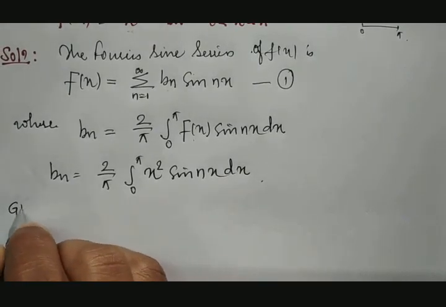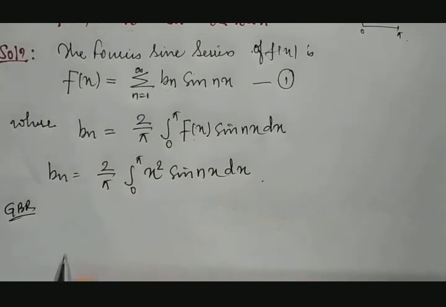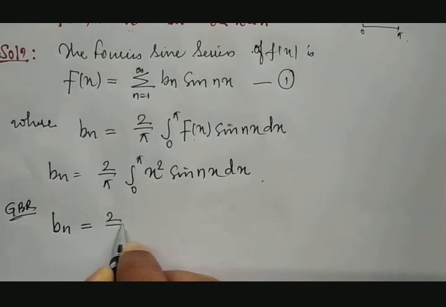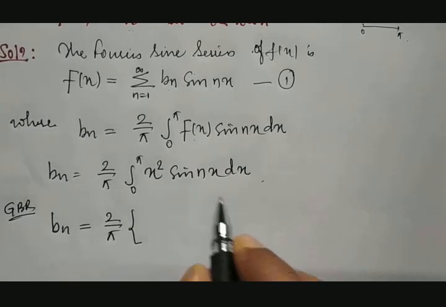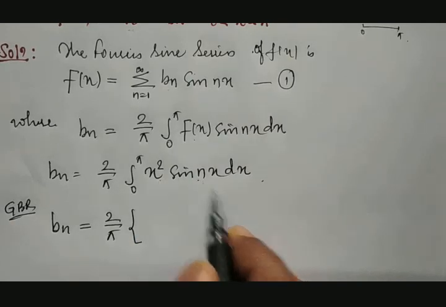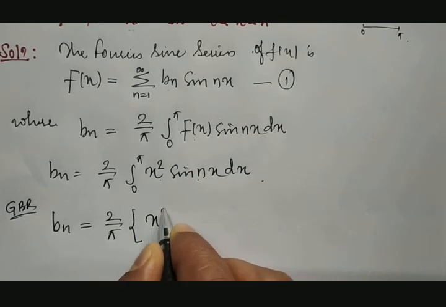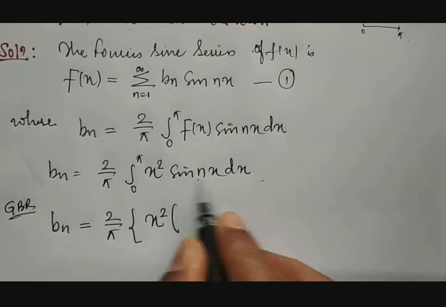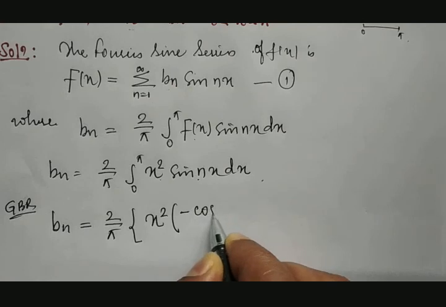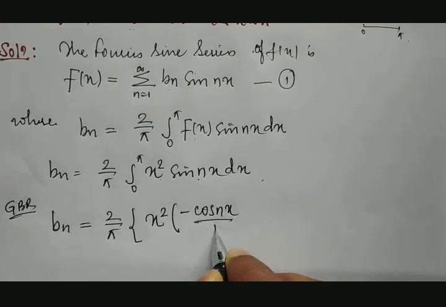By using generalized Bernoulli rule. Therefore, after applying generalized Bernoulli rule, we will be getting bn is equal to 2 divided by pi into, you can see here x square is the first term, sine nx is the second term. So, first term into integration of the second term. Integration of sine is minus cos nx divided by n.